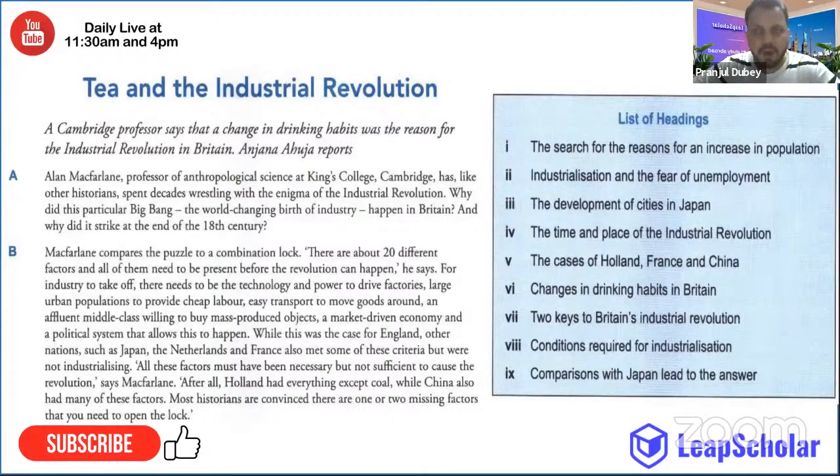Now we will have a look at the paragraph, but before that, as I said, read the heading and the subheading so that your subconscious mind starts to give out the schema. Important.